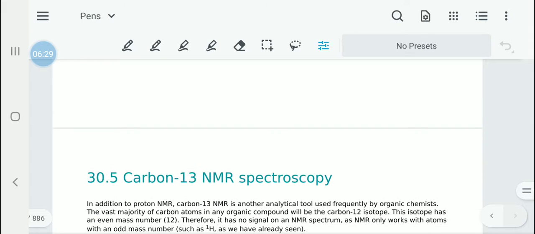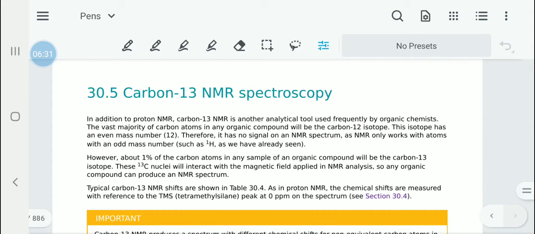After doing the question, let's go to carbon-13 NMR spectroscopy. This is a new type of NMR spectroscopy that has been identified and is used mostly in medical diagnosis. In addition to proton NMR, carbon-13 NMR is also used by organic chemists.